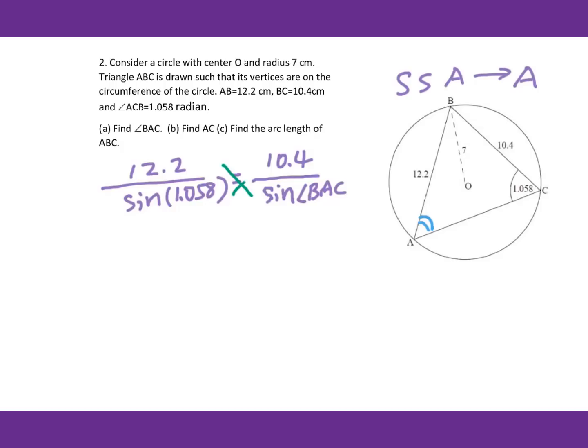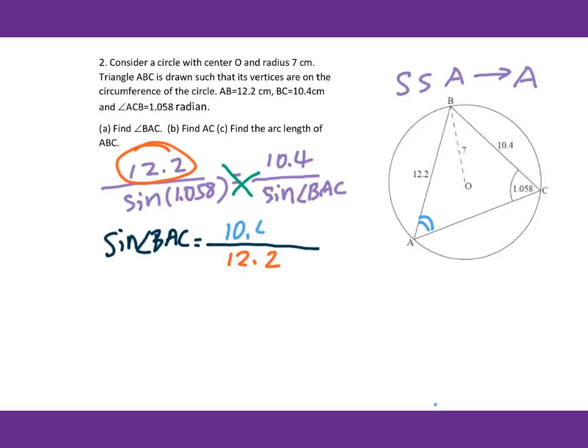So we do cross multiply. Sine angle BAC equals, this number goes to the denominator, 12.2. Top will be 10.4 times sine 1.058.